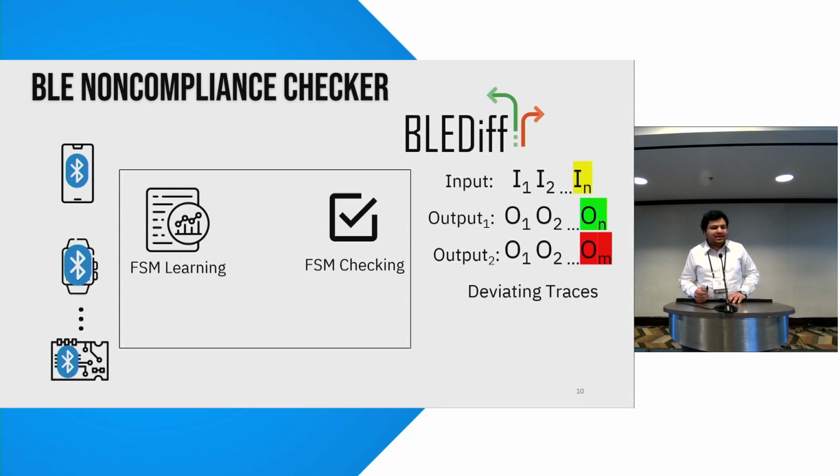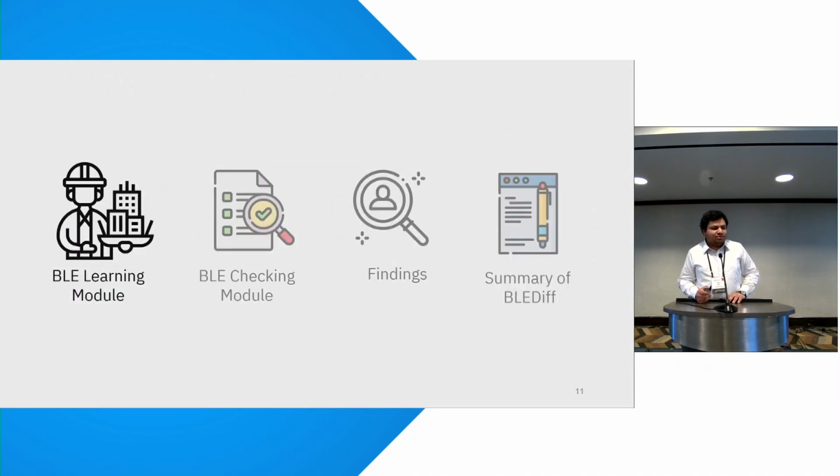However, reverse engineering requires heavy domain expertise, and that cannot be easily generalized to a lot of devices. So we extract finite state machines using a black box learning approach called active automata learning, which I will discuss later on. Once these models are extracted, we compare them to find deviating behaviors. This is the outline for the talk. I will talk about these 2 modules, our findings, and lastly a summary.